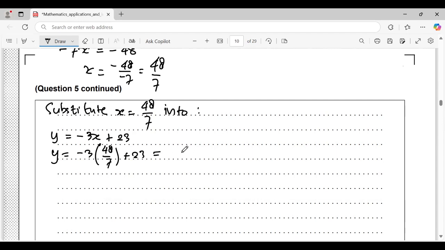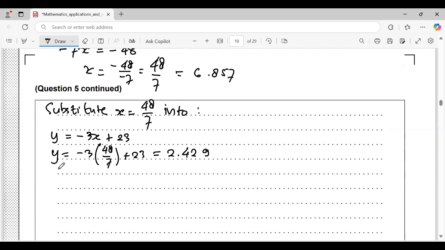And the result is 2.429. That is y. While 48 over 7 is 6.857.